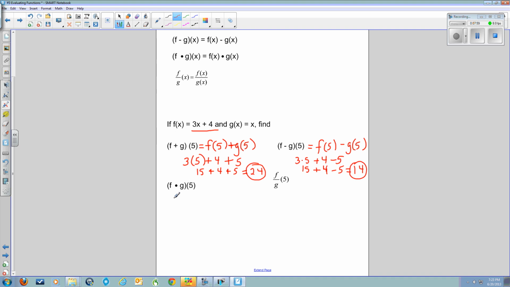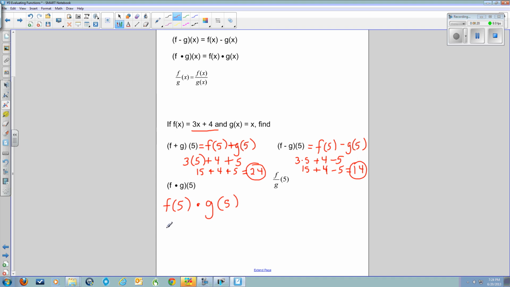Let's try this over here. So we've got f times g of 5. So that means I'm going to be taking f of 5 times g of 5. And let's actually write this out in a little more detail.